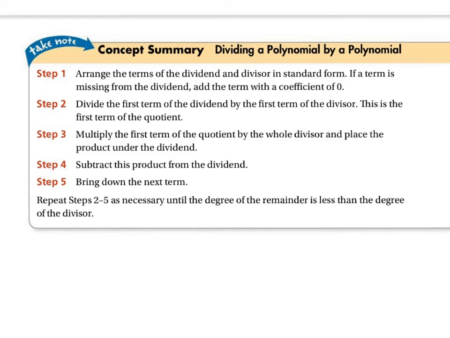And then you can divide, and then multiply and subtract, and then bring down the next term. And again, this is dividing a polynomial by a polynomial. We didn't do much with it, but if you remember at the very beginning of the lesson, we divided by a monomial. Dividing by a monomial, you can just split it up and divide each term individually by that monomial.